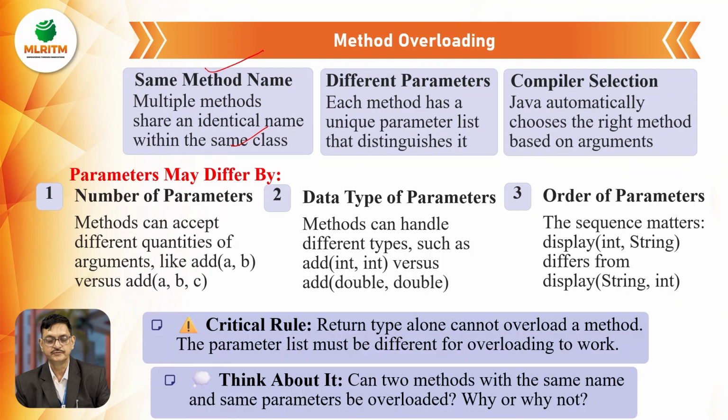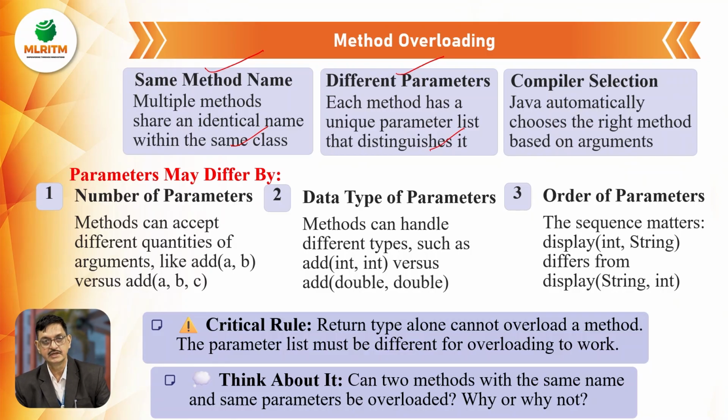Okay, but if all methods have the same name, in what way do they differentiate from each other? Each and every method contains the same name, but each individual method has different parameters. So each method has a unique parameter list that distinguishes the individual methods.